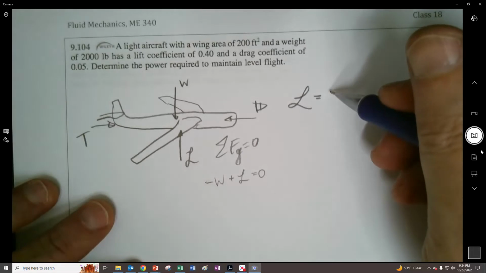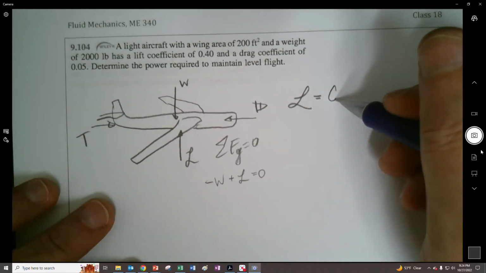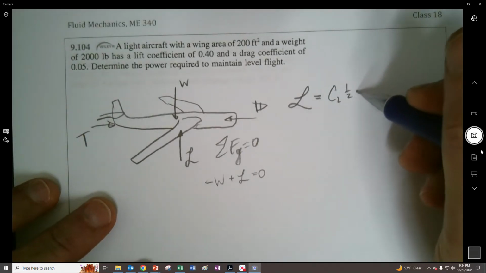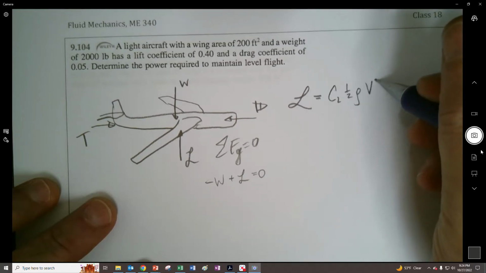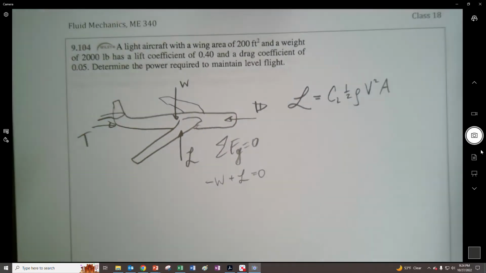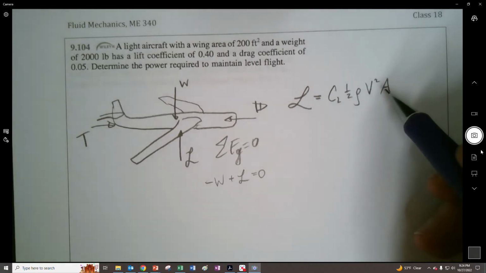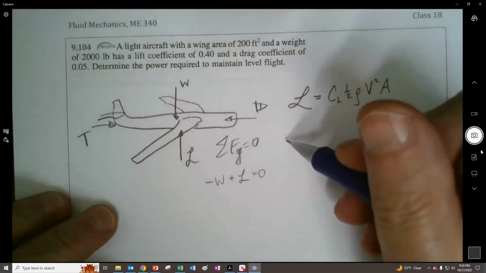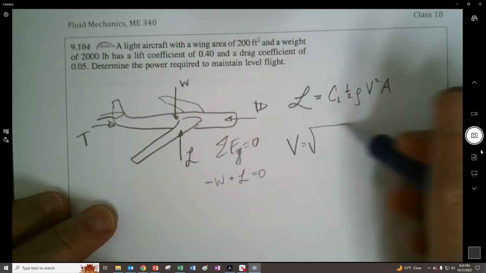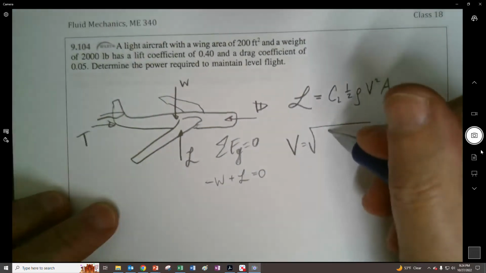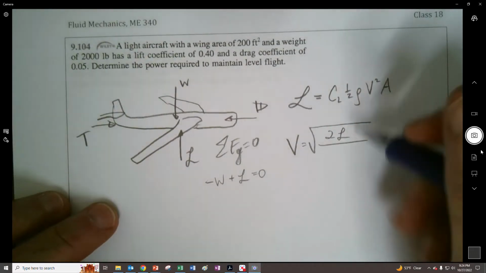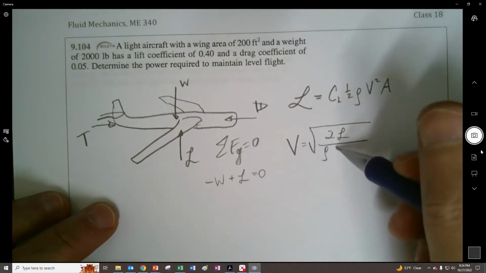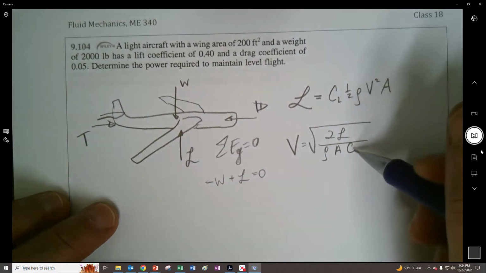So the lift is going to be equal to C_L times 1/2 rho V squared A. It's going to be the wing area that we're going to use. So we can write out the velocity. It's going to be the square root of 2 times the lift divided by rho A and then the lift coefficient.